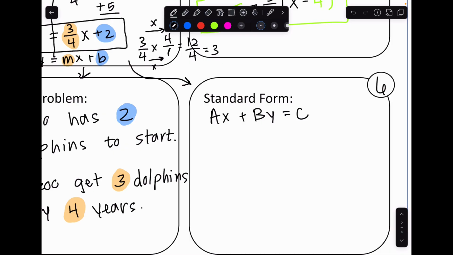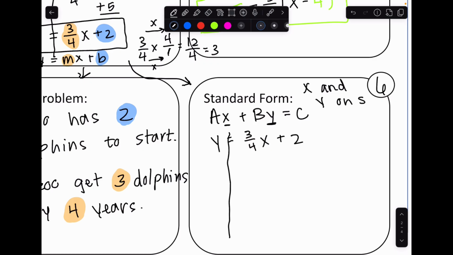Okay, so now what we're going to do is we have our slope-intercept form, y equals 3/4 x plus 2. But now it looks like we have to get our x's and our y's on the same side. So I have to pull over my x first.